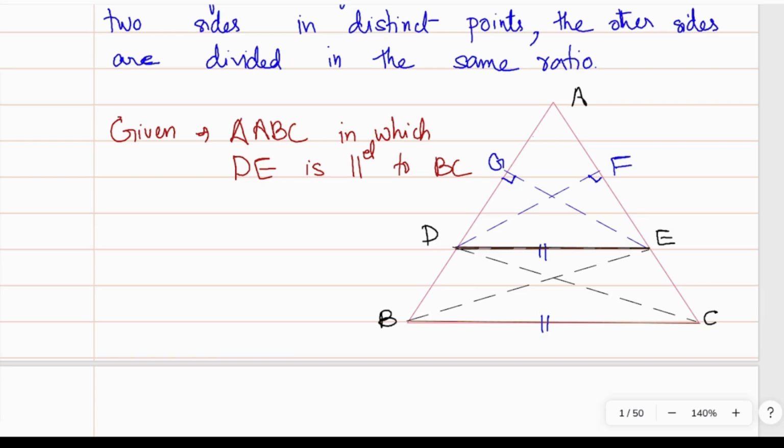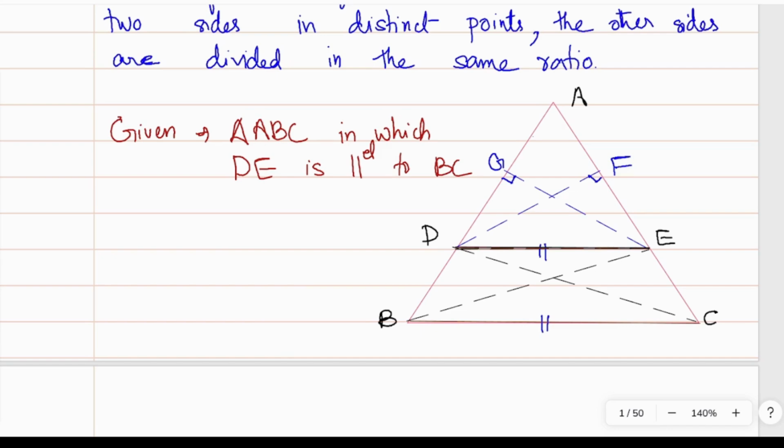It cut the triangle ABC at the points D and E in such a way that it cut AB into AD and DB and AC into AE and EC, right? Therefore, as per the theorem, it says that AD by DB should be equal to AE by EC. That is what the theorem states.